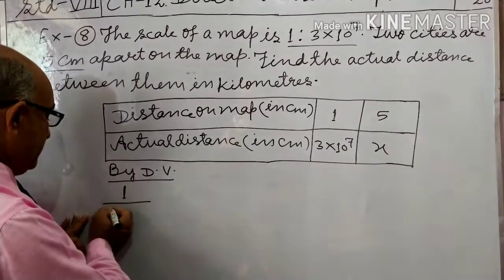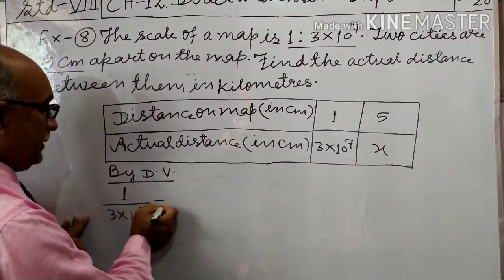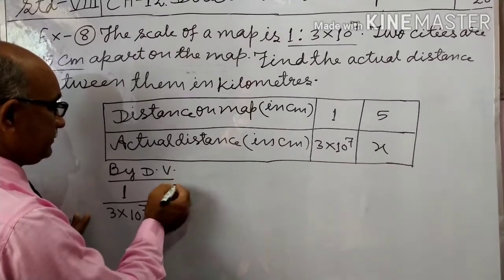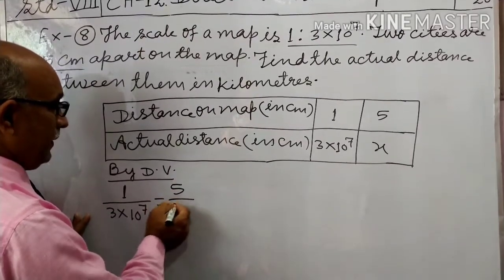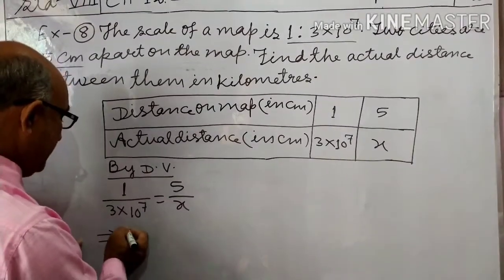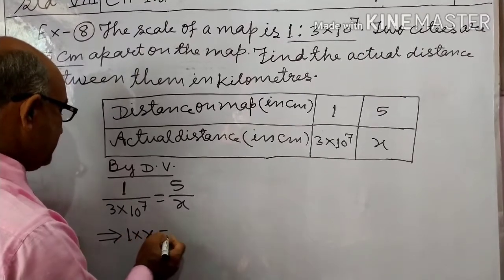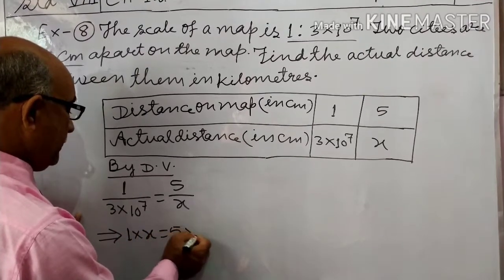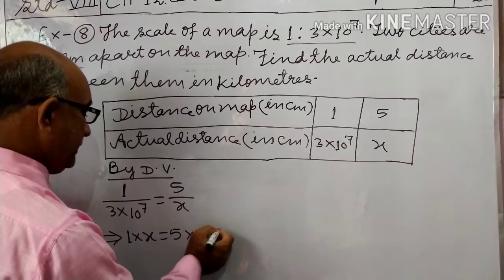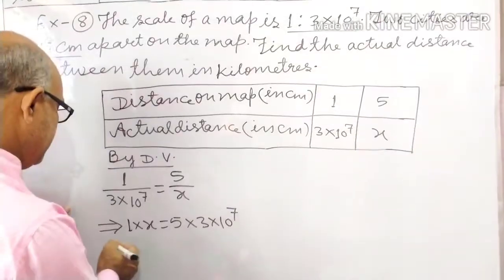So 1 by 3 into 10 to the power 7 equals 5 by x. That implies by cross multiplication, 1 into x equals 5 into 3 into 10 to the power 7.